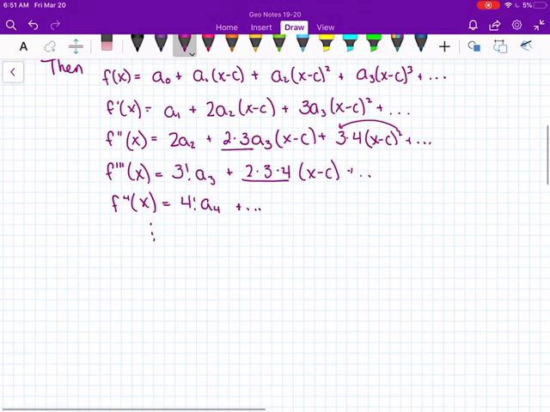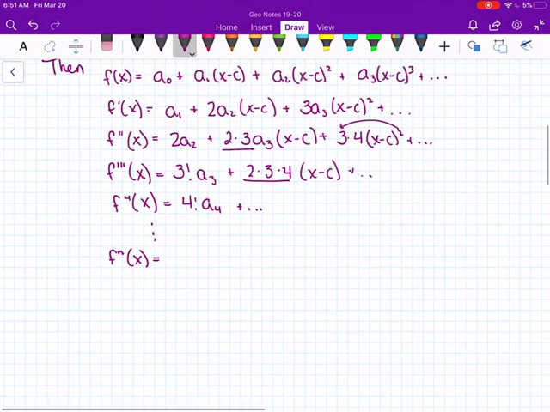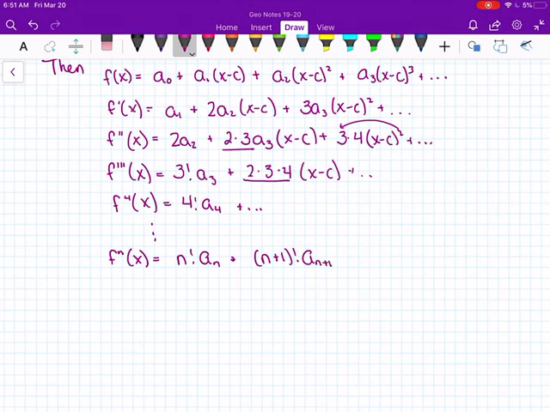Okay, so in the end, when we take the nth derivative of this function, we're going to get n factorial times a sub n as our first term, plus n plus 1 factorial times a sub n plus 1 times x minus c, and so on and so forth.